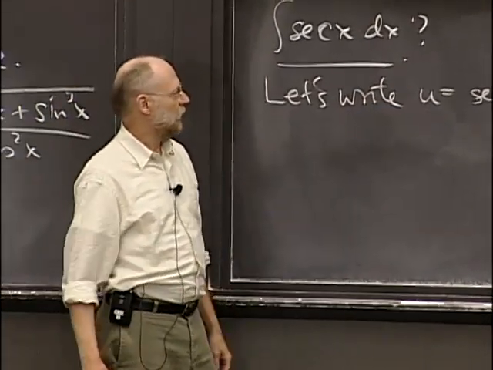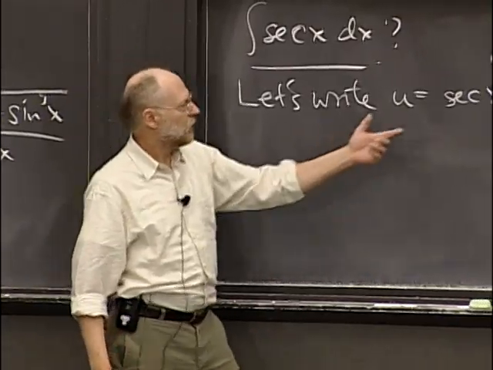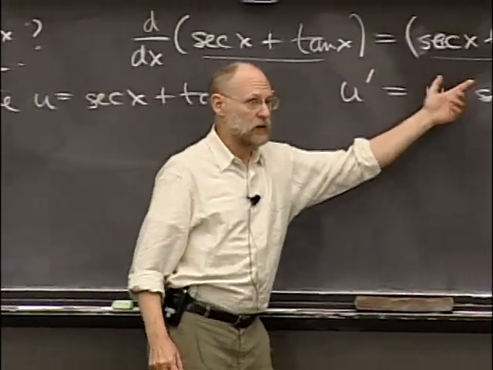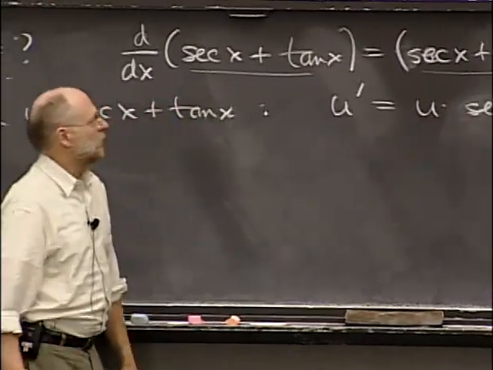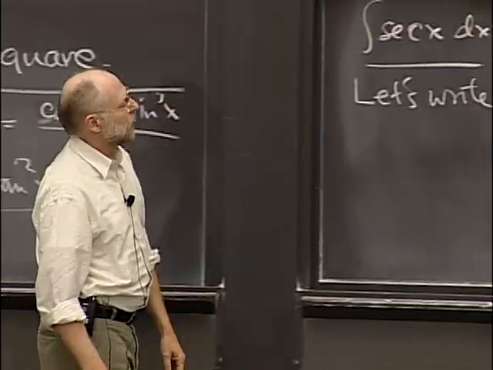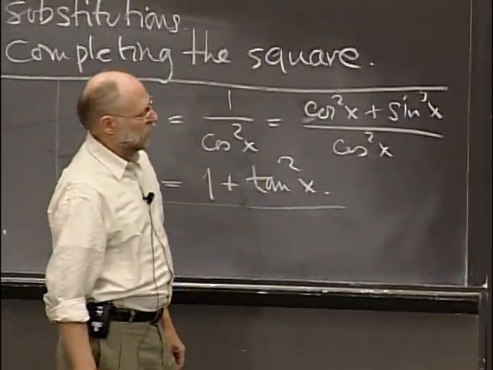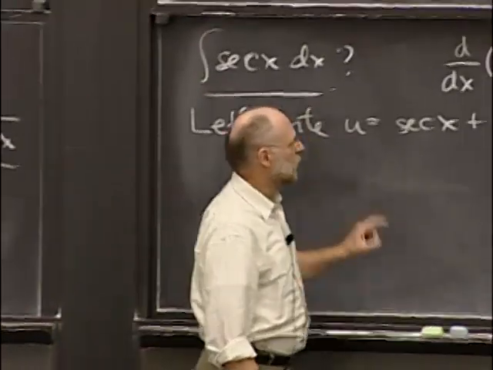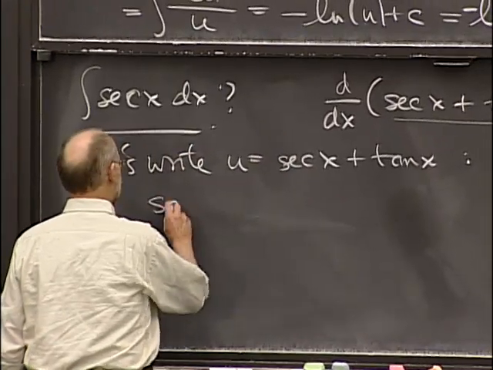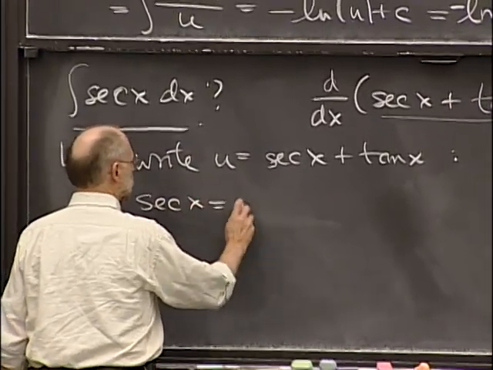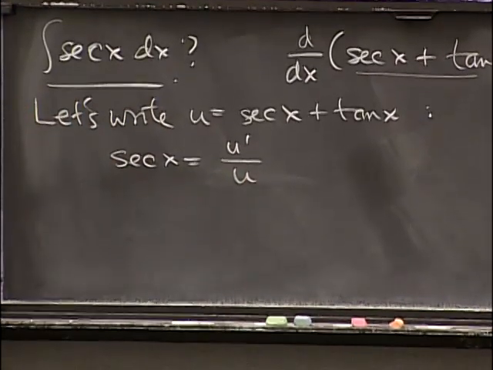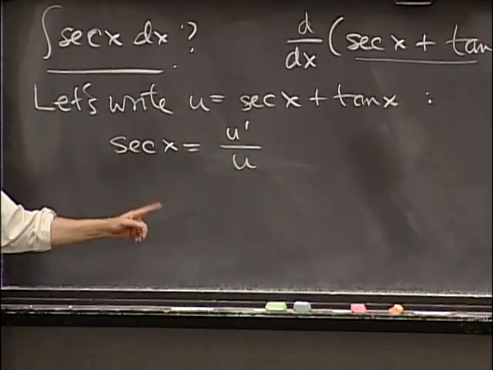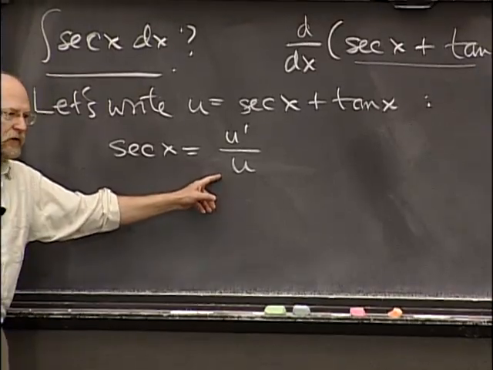Just decide that I'm going to write u for that single thing that occurs on both sides of the equation. So u prime is on the left, and u times secant of x is on the right. Well, there's my secant that I was trying to integrate, and what it tells you is that the secant of x is u prime divided by u. Just divide both sides by u, and I get this equation.